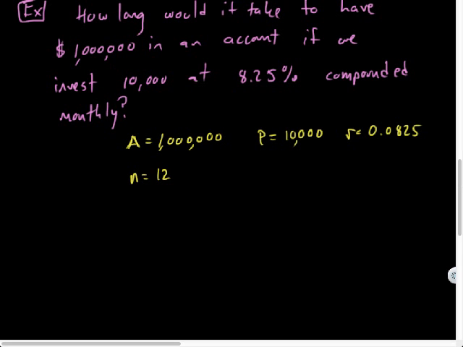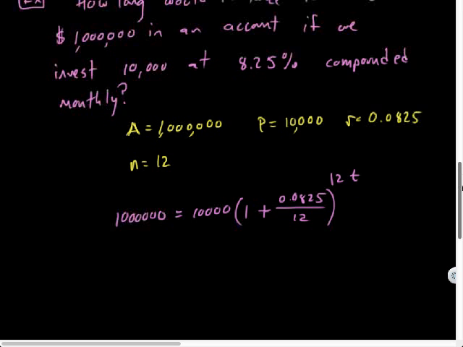So let's write this equation. I'm going to have 1 million equals 10,000 times 1 plus the r, 0.0825, divided by n, which is 12, all to the nt. So that's 12t.